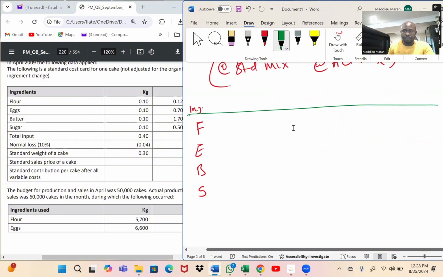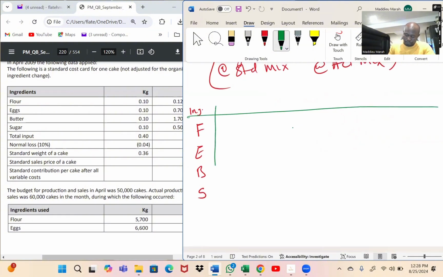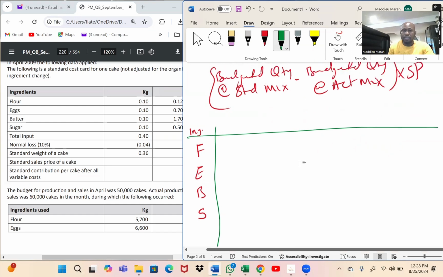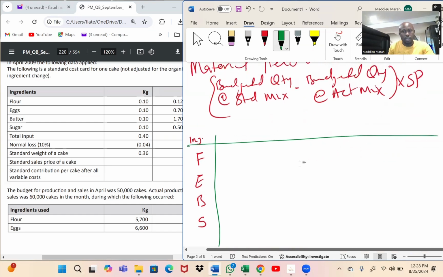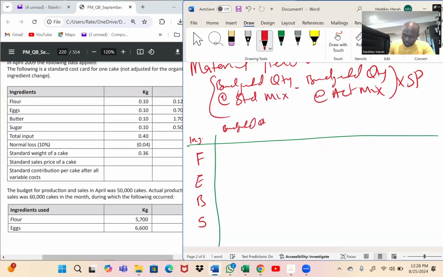On my first table, I'll bring my projected quantity at standard mix.